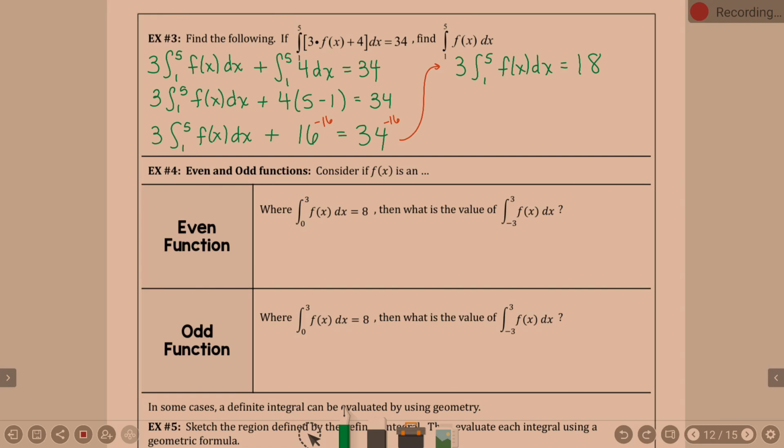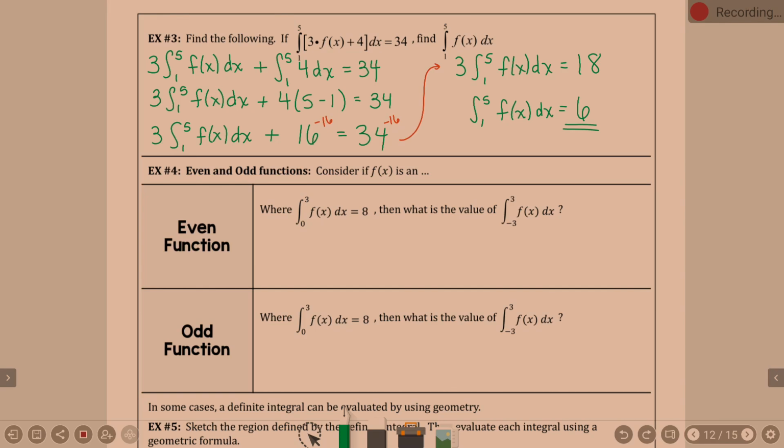Okay. And then divide by 3. And the integral from 1 to 5 of f of x with respect to x is equal to 6. What were we supposed to find? The integral from 1 to 5 of f of x dx.